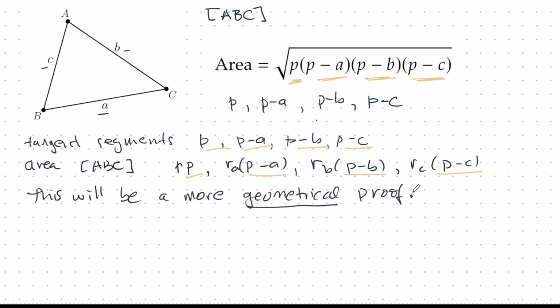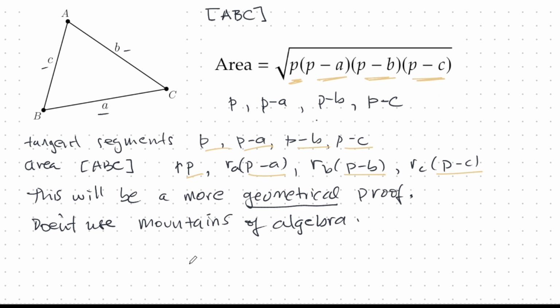And in fact, this is going to be a much more geometrically satisfying proof, relying on geometrical principles like similar triangles and so on, and our results about symmetry of tangents to a circle, like we did in video 1 of incircle, excircle. And it doesn't use mountains of algebra like in the classical proof.